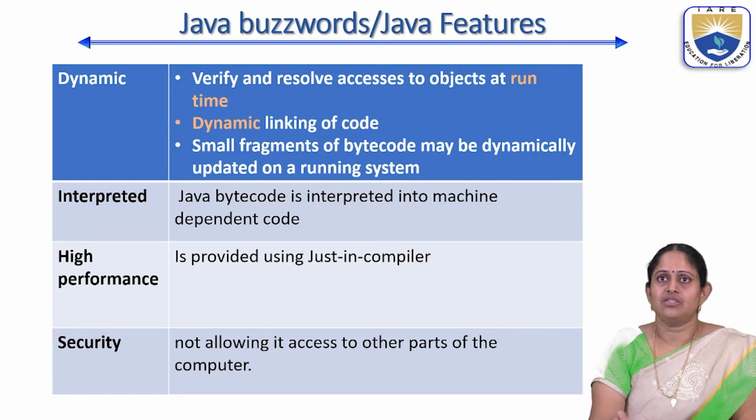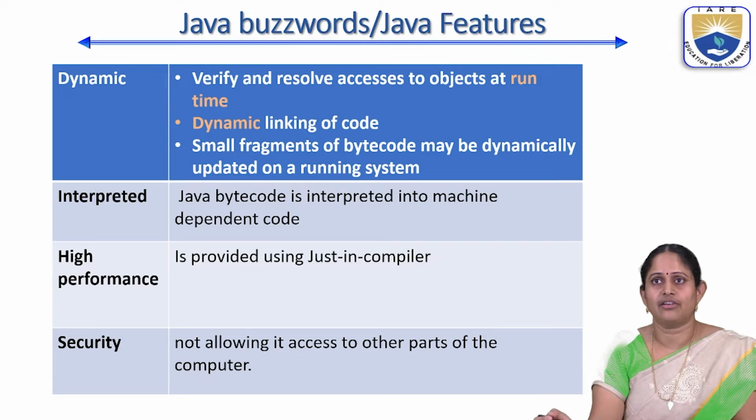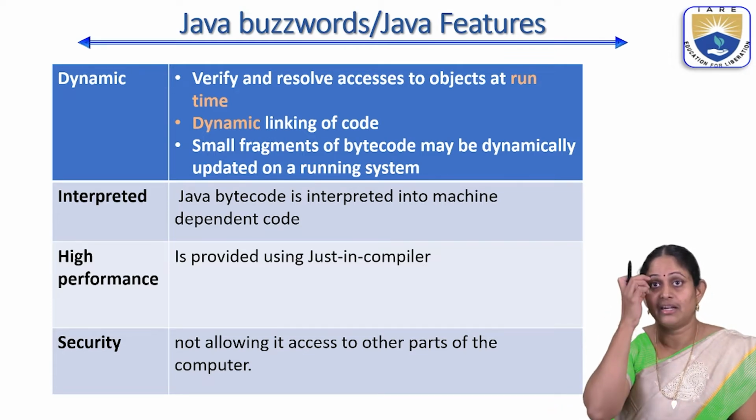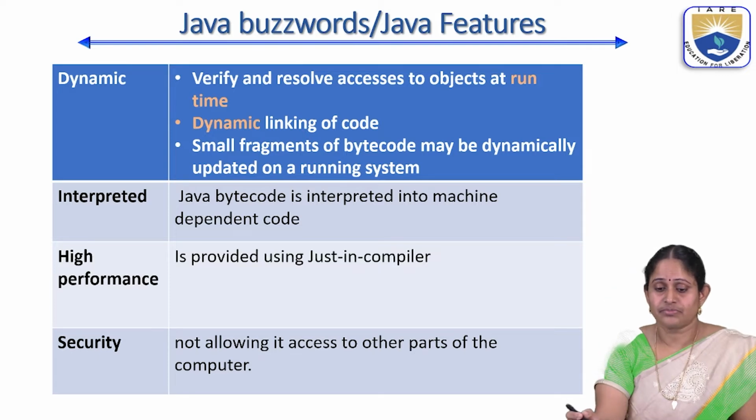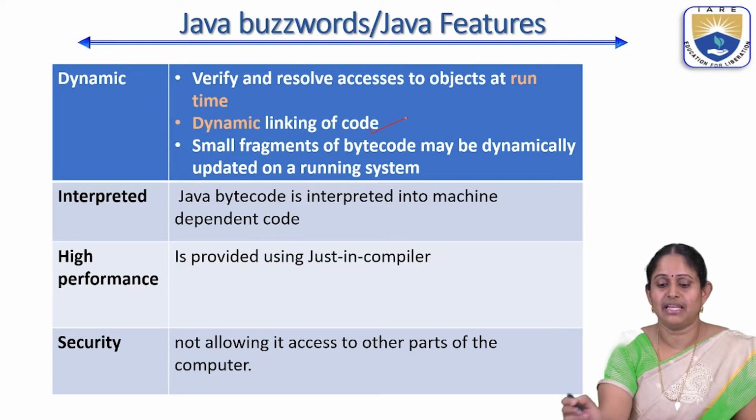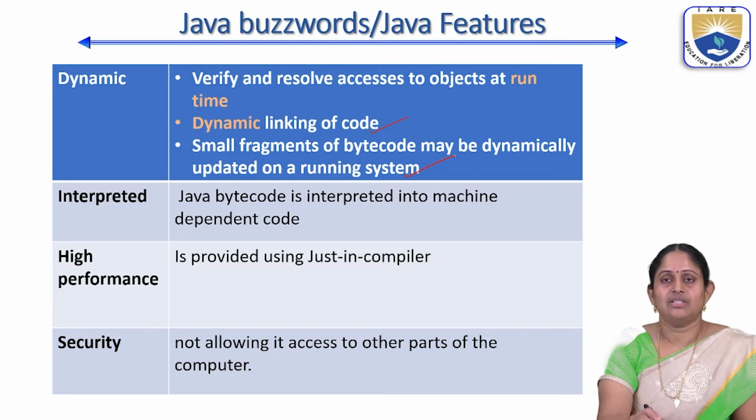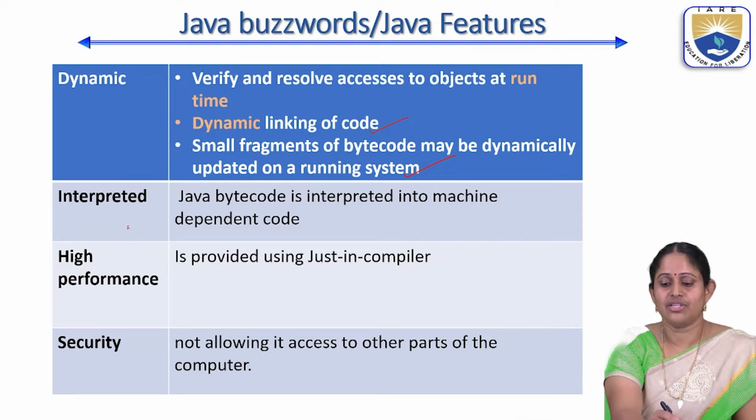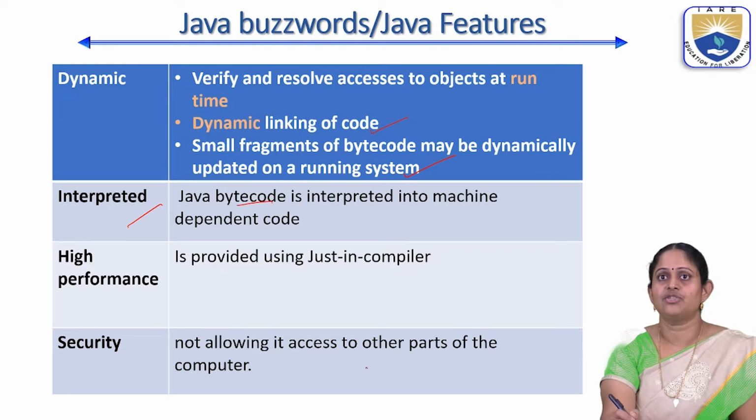Then Java is also dynamic, meaning that you can verify and resolve access to objects at runtime. So everything can be done at runtime, and it also allows dynamic linking of code, and it may be dynamically updated on a running system. Now, Java is also an interpreted language, wherein the Java bytecode is interpreted into machine-dependent code.